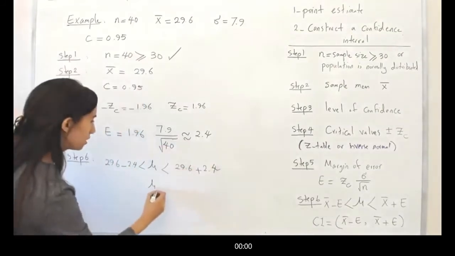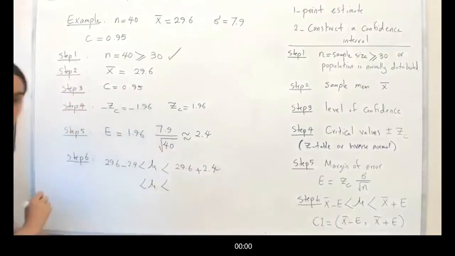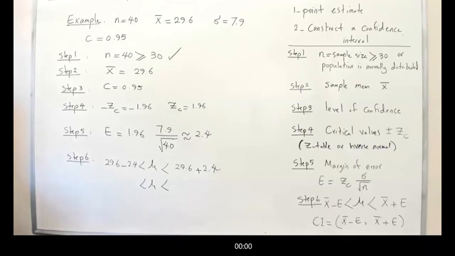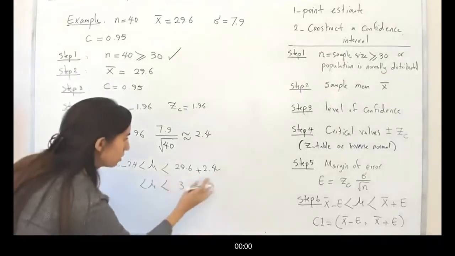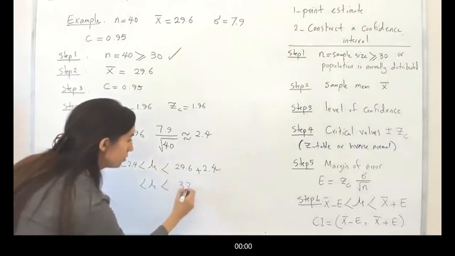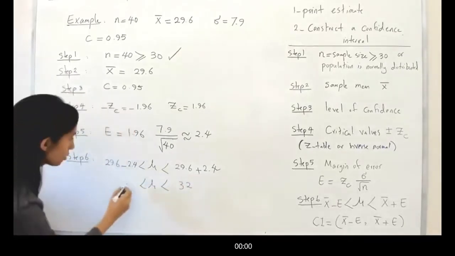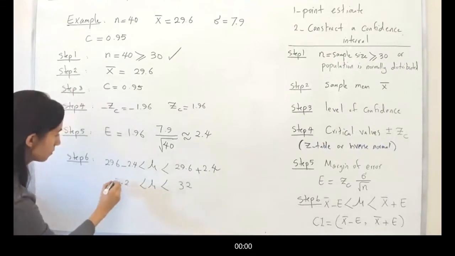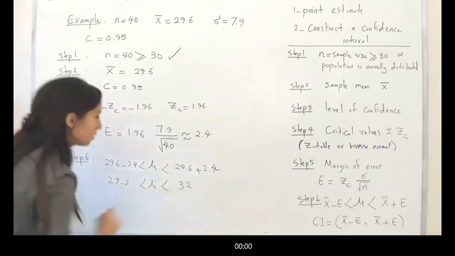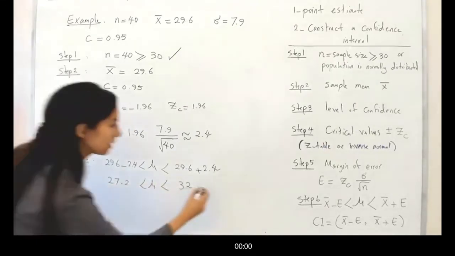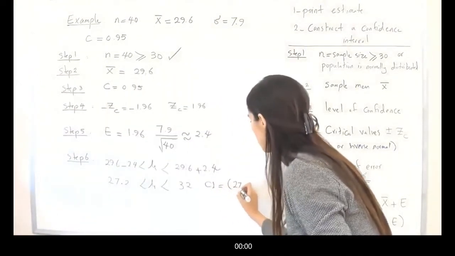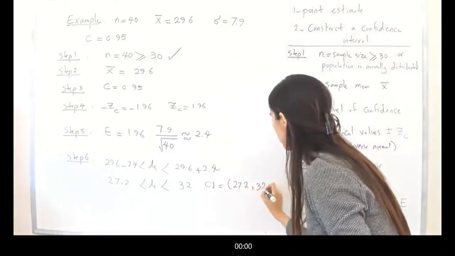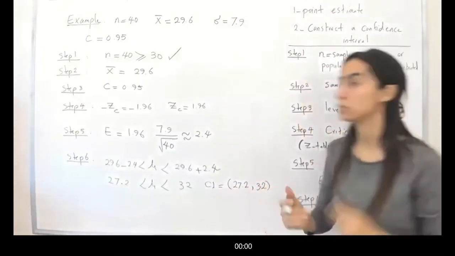So your mean is in between. Question? Yes, we add, we subtract. So here you have 32, and if you subtract these two, 27.2 and 32. Or you can write down the confidence interval equal to 27.2, comma, 32.